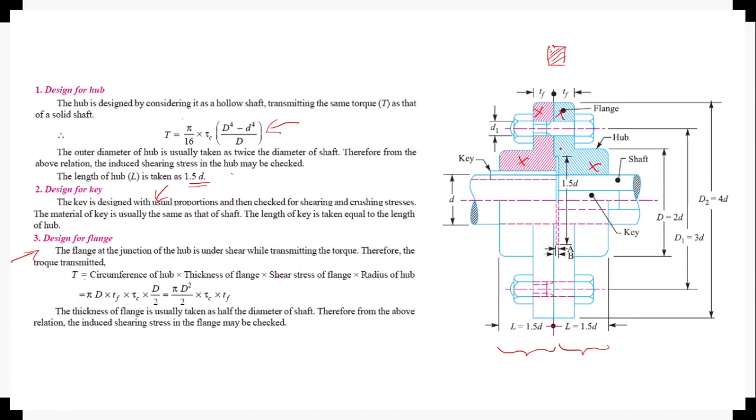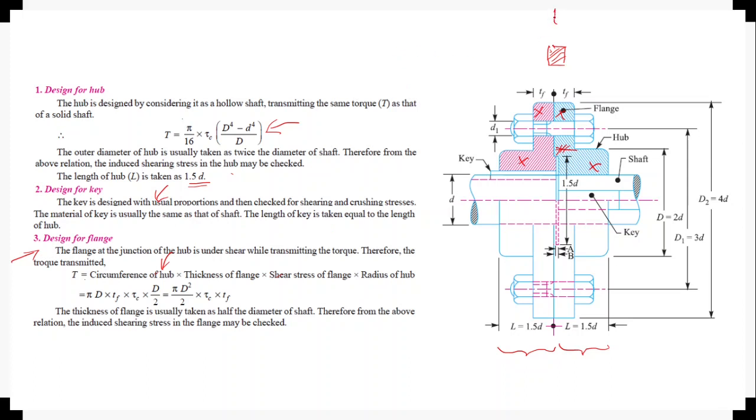Here the shearing stress is acting at this portion, and from this portion the failure occurs. So that shearing area is equal to circumference of the hub into thickness of the flange.